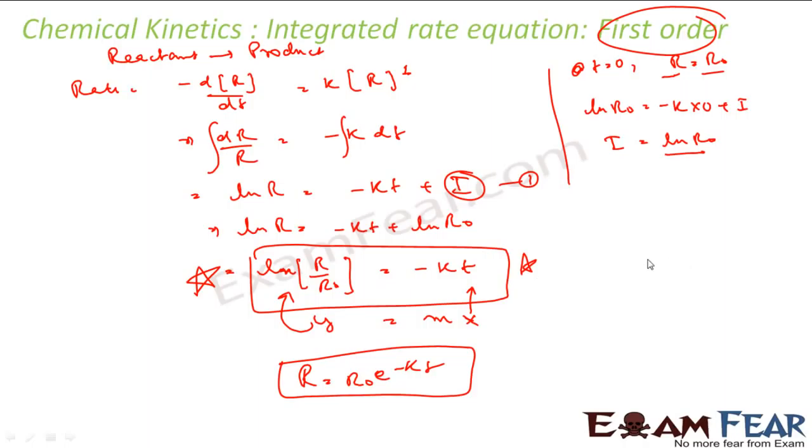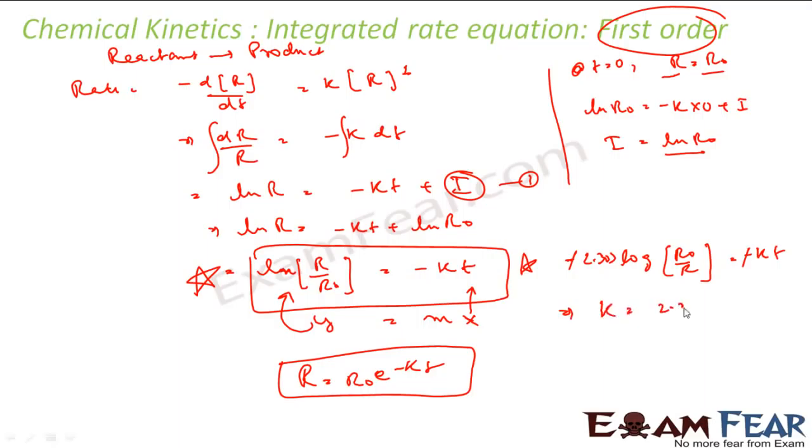Or let me write it actually, because we use that equation pretty frequently. So ln becomes 2.303 log, right? R by R naught becomes R naught by R, and here we get minus. Just flip it. Equal to minus kt. Why am I doing this? Because I want to get rid of this minus sign.